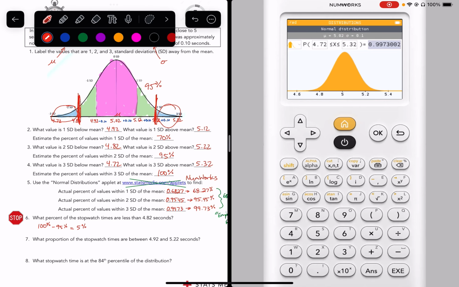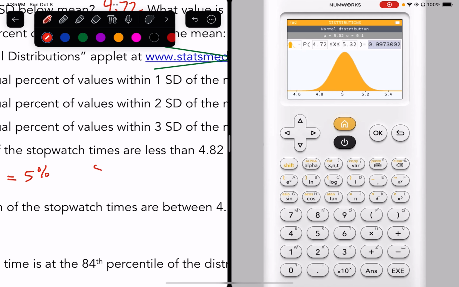But that 5% represents both of these blue ends here, and I only want the one blue end. So how much is one of those blue ends? Well, it's that remaining 5% cut in half, because there's two ends. So we're going to take 5% and divide it by 2, and that's going to give us about 2.5%.